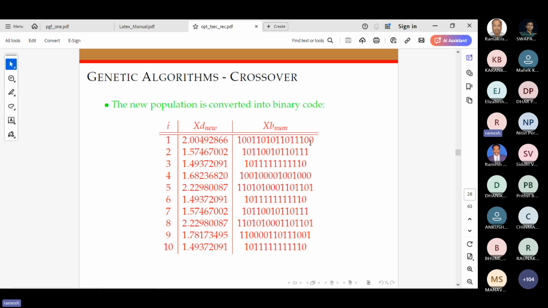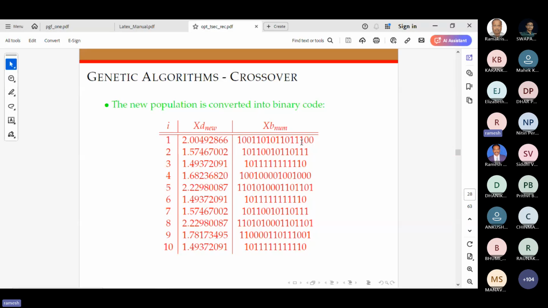For example, if your objective function is a function of two independent variables, x1 and x2, and each of them is converted into equivalent binary codes, then they will be placed next to each other. So we'll have some binary code for x1, and another set of 16 binary digits for x2. Together they form the complete chromosome for that particular population member. But in this case, the problem is a single variable problem, so the gene and the chromosome are the same.